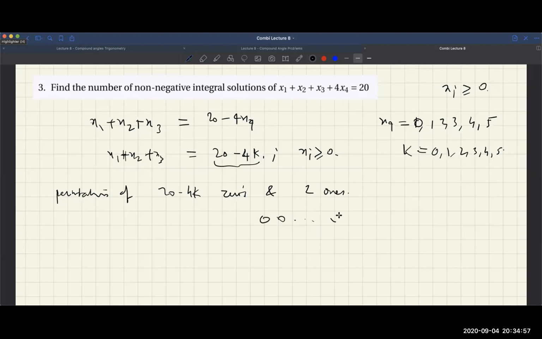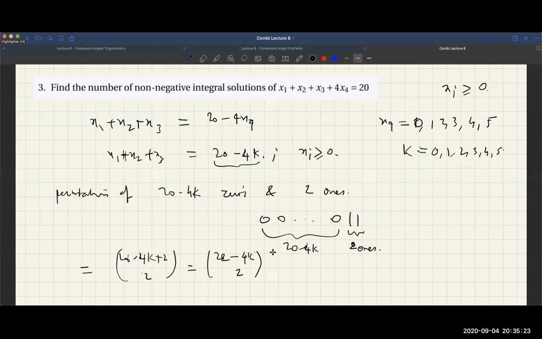Do you recall, guys? This problem is in bijection with this problem, ना? और दो partitions, है ना? 2 ones. So the answer to this will become 20 minus 4k plus 2, choose 2. Am I clear? So that will become 22 minus 4k, choose 2.